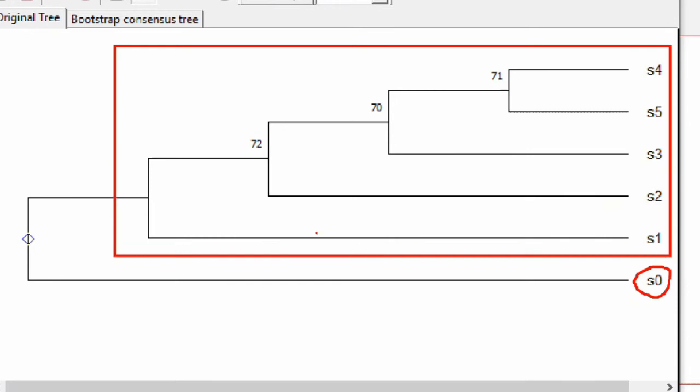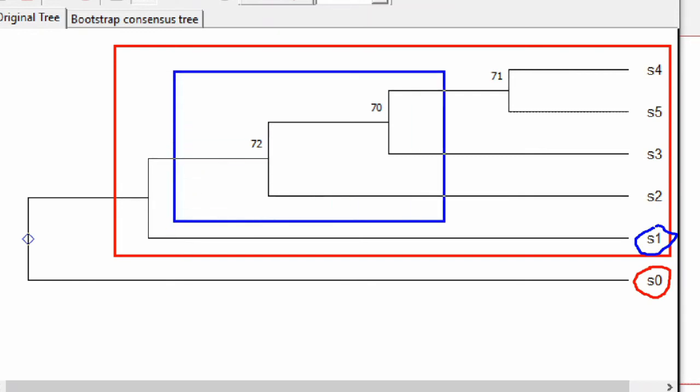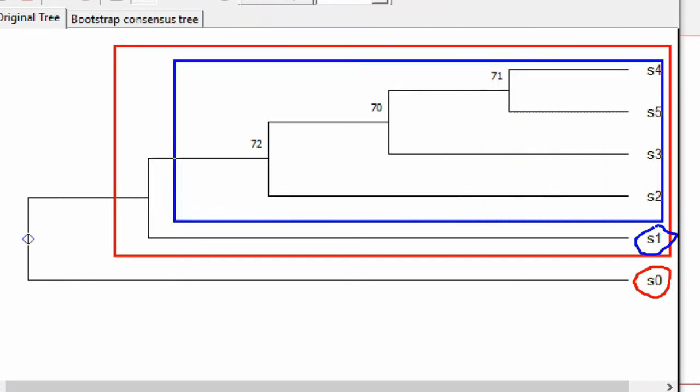The first sequence which we produced was S1, and from this sequence S1, all the other sequences were produced. Then we look inside the blue rectangle, and we note that from this sequence S2, the rest, S3, S5, S4, were produced.